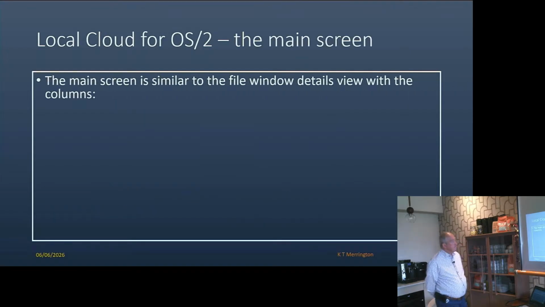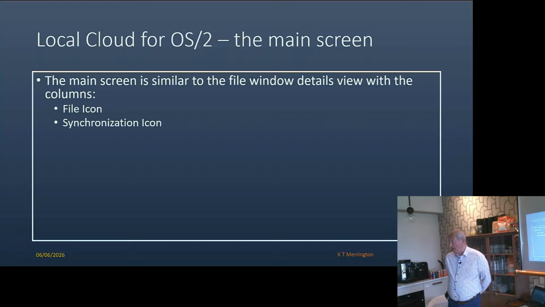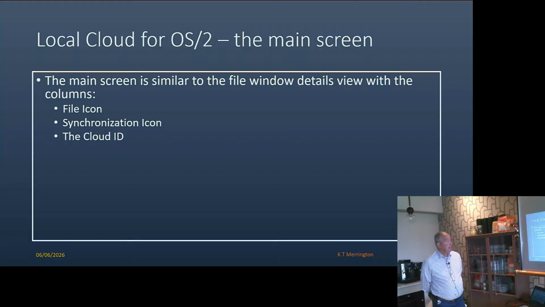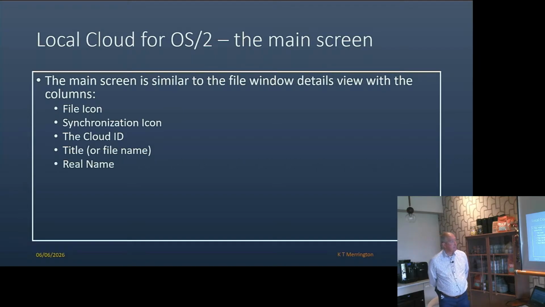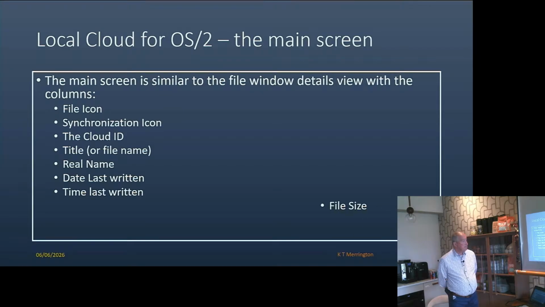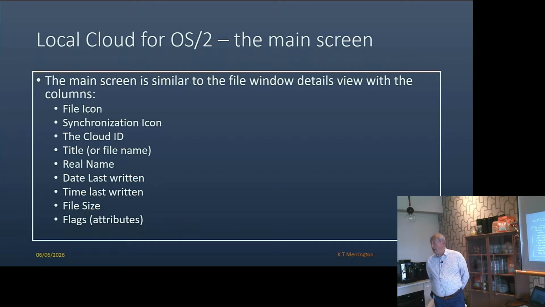Okay, your main screen. It will show you the file icon of the file. It will show you a synchronization icon, the status of that file. Has it been synchronized yet? Has it been deleted? The cloud ID, the title or long name of that file, the real name, the date last written and time, and a file size, and any attributes.